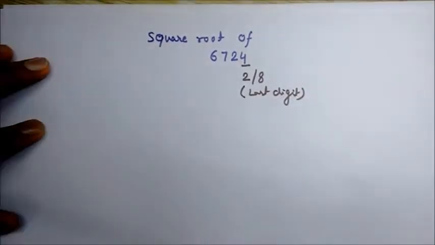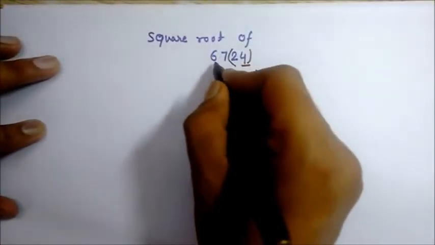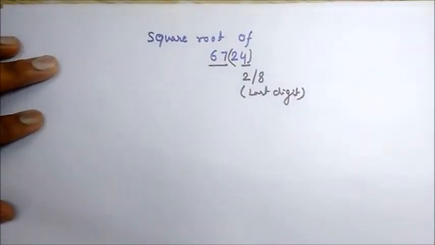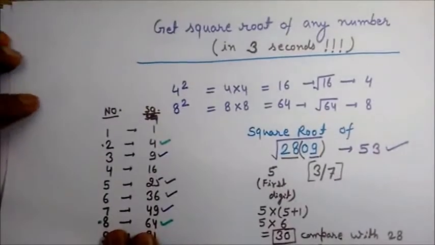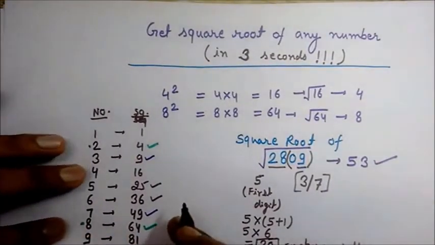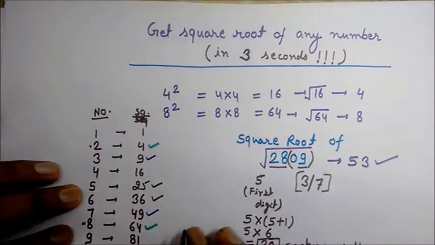To get the first digit, now I will leave these last two digits and focus on these two digits, the 67. As you can see, 67 lies between the squares of 8 and 9.